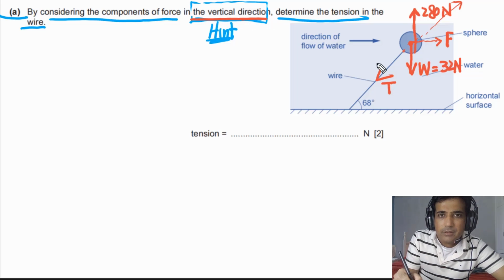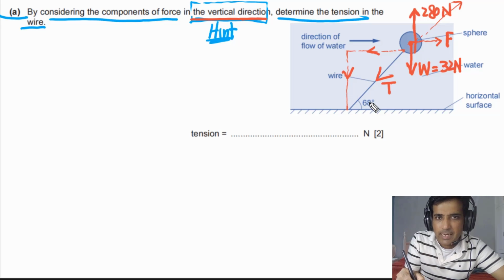Now we need to understand that tension has two components, so we can resolve it into two components. If I draw a triangle here, these are the horizontal and vertical components of tension. One component of tension is acting to the left, and this has to be equal to F. And one component is acting down.